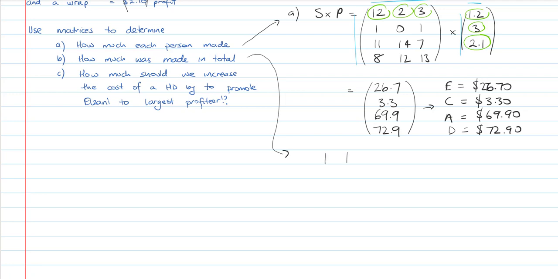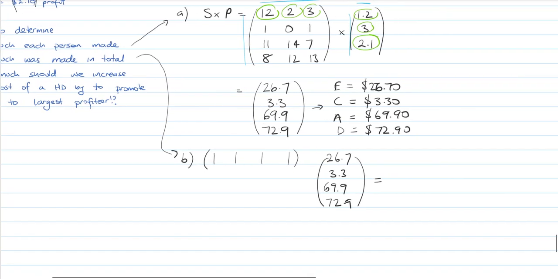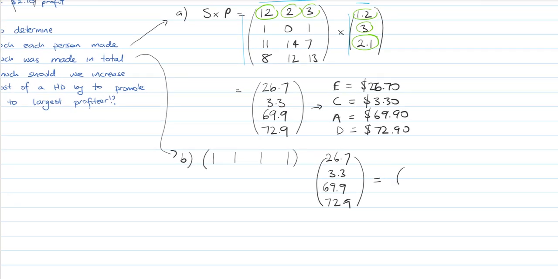So if I do 1, 1, 1, 1, this is question B, times 26.7, 3.3, 69.9 and 72.9, it will give me a 1 by 1 matrix, which is basically just a sum. So again, another way of telling a computer how to do what needs to be done. In this case, that will be 182.8, or $182.80. So that's doing that multiplication.